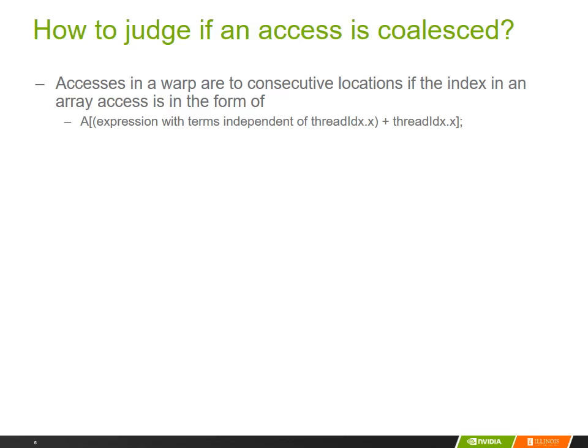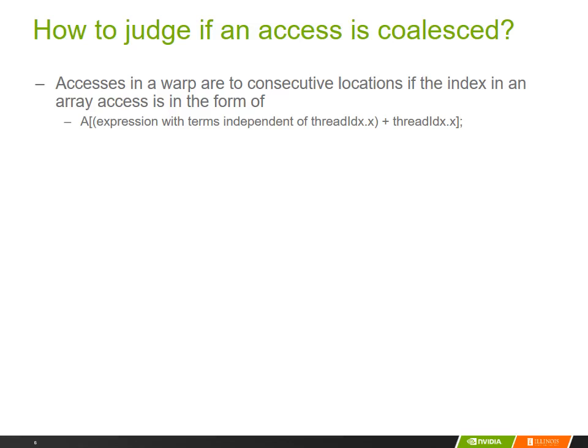Recall that the kernel code will be executed by all threads in a grid, and therefore each memory access is actually a representation of memory accesses done by all the threads.